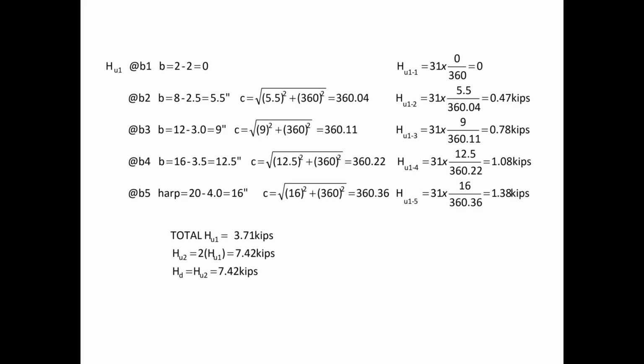All right, for strand three, we have a B of 9 inches. C is 360.11 inches. And so our hold up force is 0.78 kips.